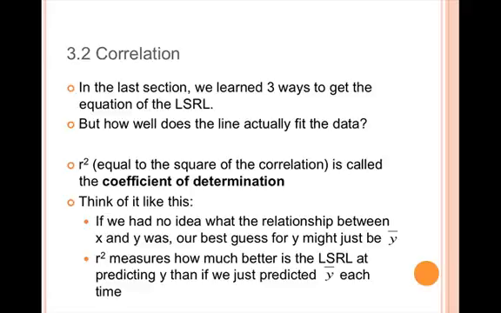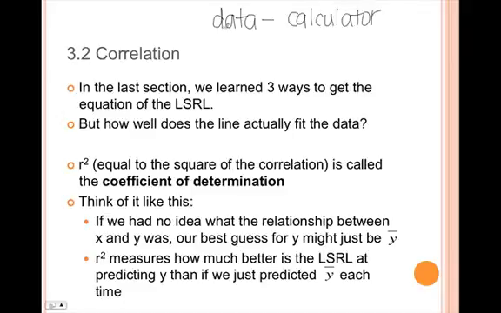Okay, so in the last section, we learned 3 different ways to get the equation of the least squares regression line. Right now, I want you guys to shout out what those 3 ways were. If we were given data, we used the calculator.